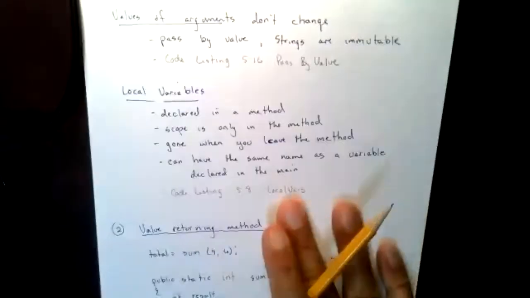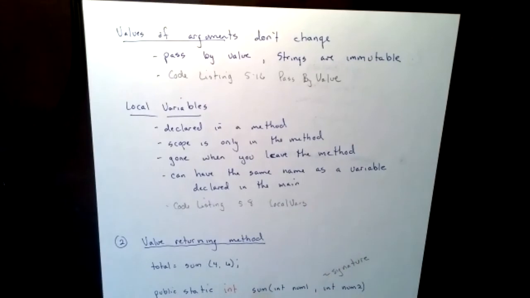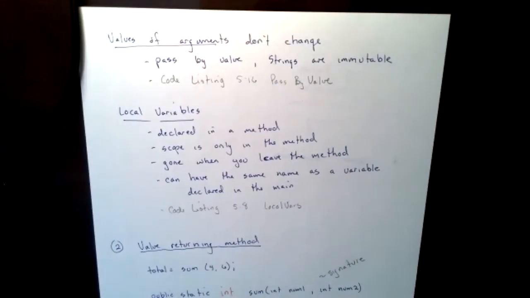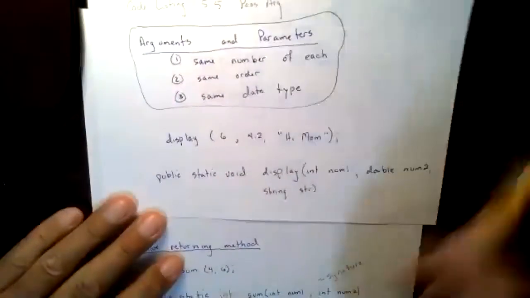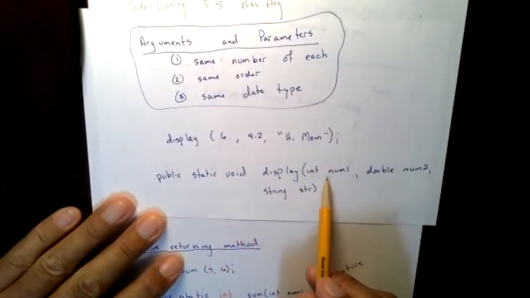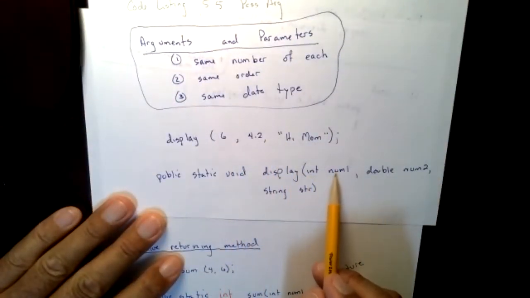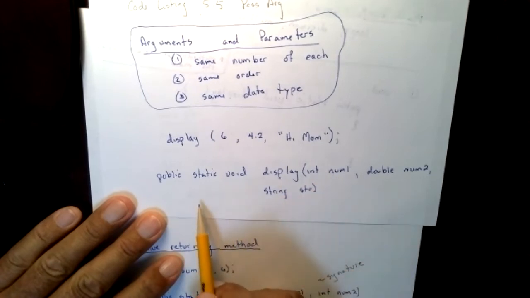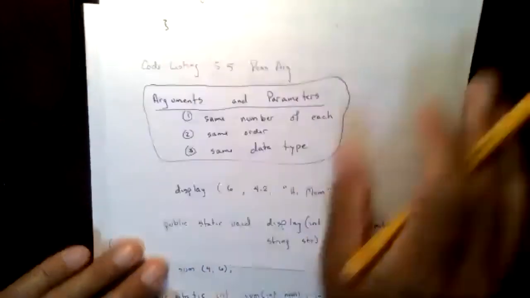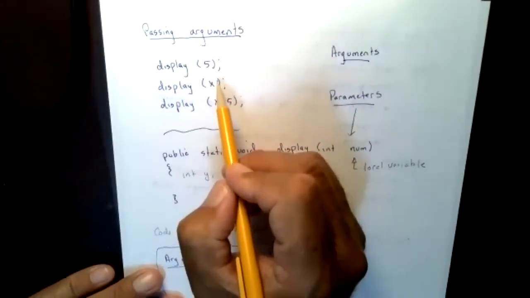More notes. When I pass a value in, it stores it in a variable. So if I go back to this 6, and I stored it in num1 in my parameter list, let me go back up here, excuse me. I'll make this a little clearer. Here I have display(x).